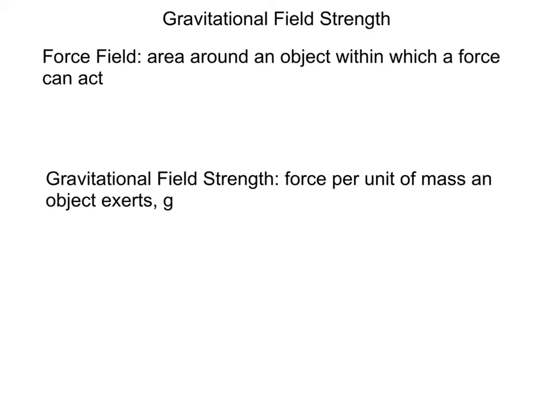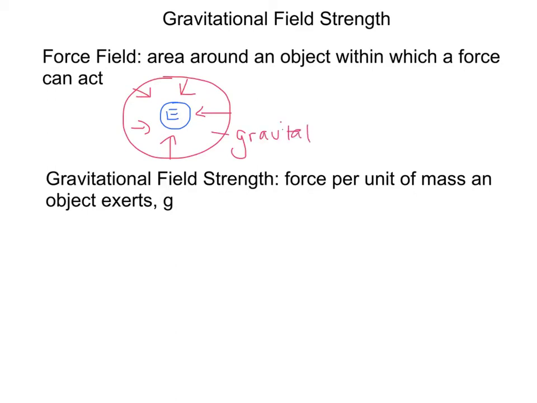So for instance, let's say this here is Earth. Okay, so this is Earth. So the area around it in which gravity can pull in would be part of its gravitational field. Now technically, a gravitational field is infinite.